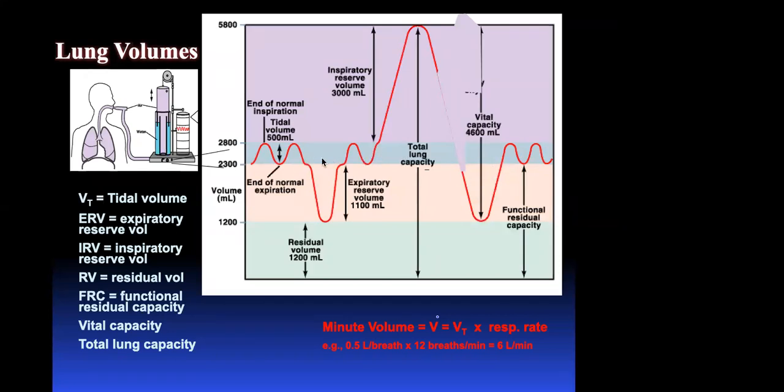During resting breathing, there's a certain amount of air which the lung holds. That is equal to the residual volume plus the expiratory reserve volume, and that's called the functional residual capacity. Whenever we talk about capacity, in terms of respiratory physiology, it means you are adding other volumes. So if you add expiratory reserve volume to residual volume, you get functional residual capacity.